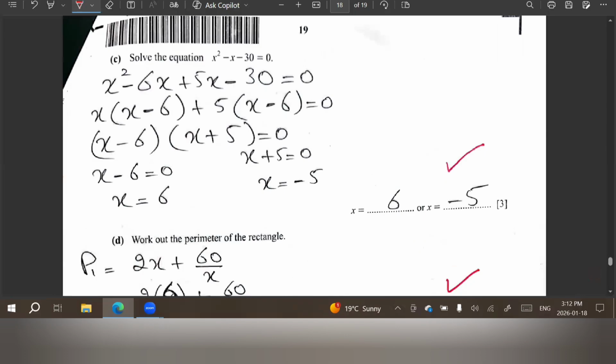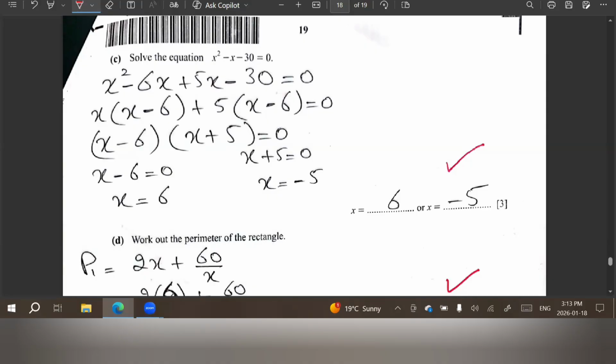So you will have x squared minus 6x plus 5x minus 30 equals 0. I have done the middle term breaking. So take x common: x bracket x minus 6 bracket close plus 5 bracket x minus 6 bracket close equals 0. Take this x minus 6 bracket common, and in the other bracket you are left with x plus 5, and that equals 0. So x minus 6 equals 0, x equals 6; x plus 5 equals 0, x equals minus 5.